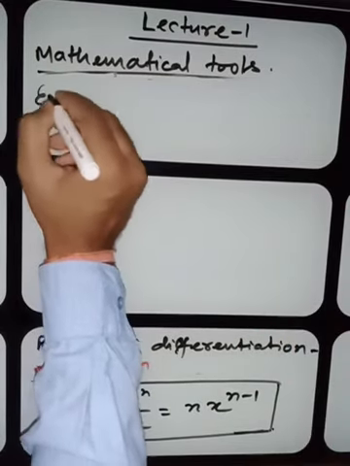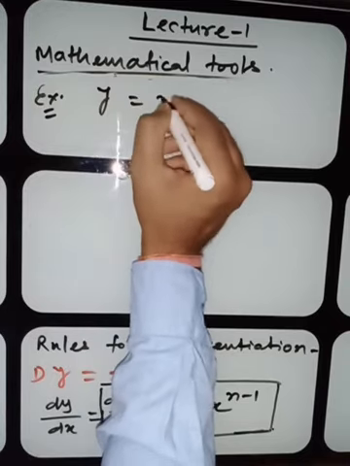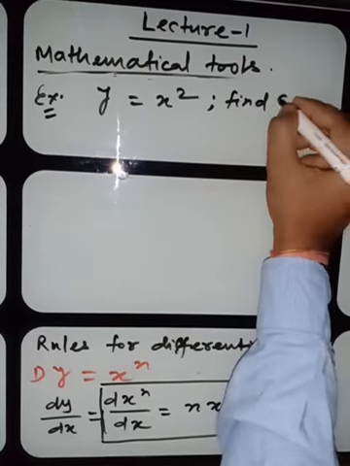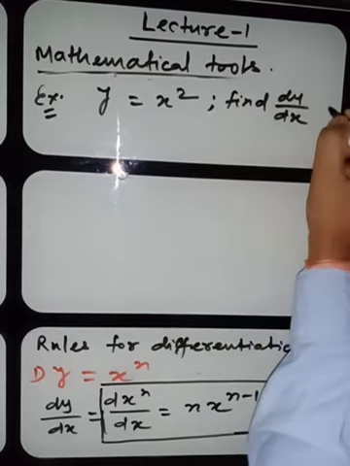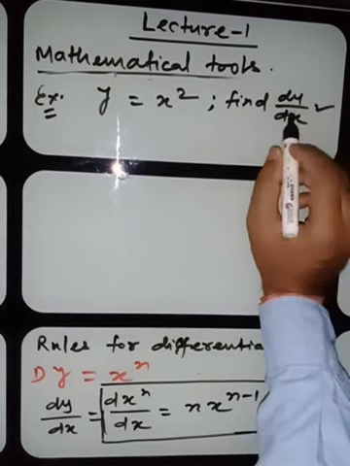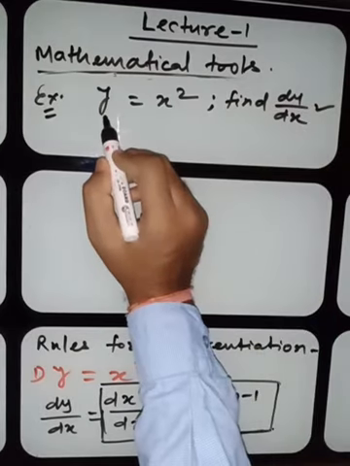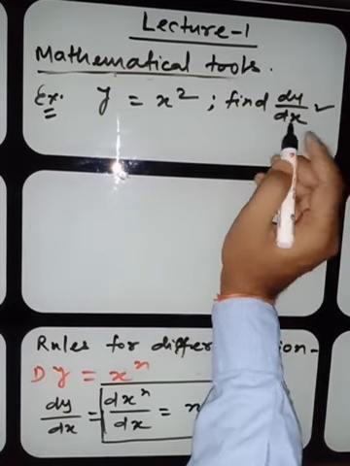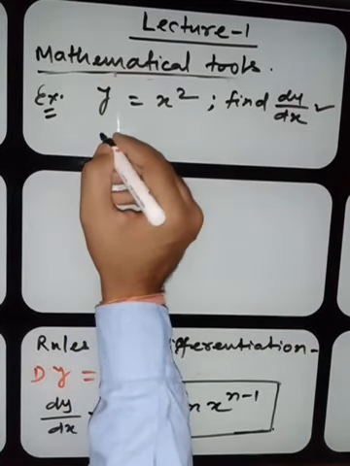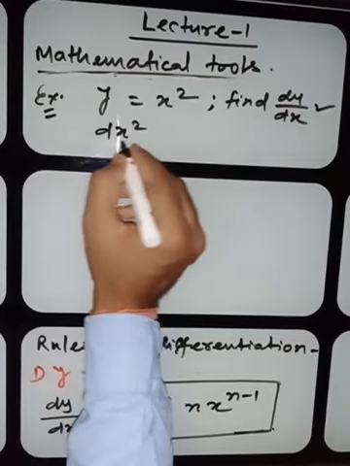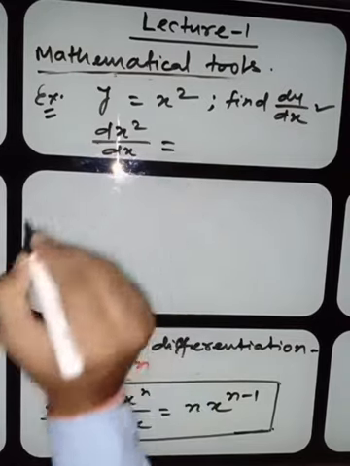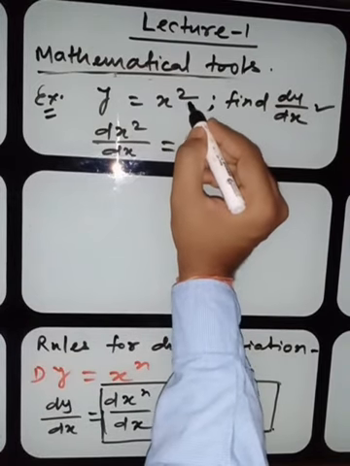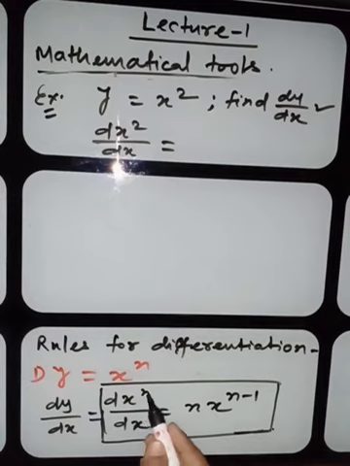I'm giving you an example: y is x square, and the question is, find dy by dx. First, can you differentiate y with respect to x? Yes, we can, because y is a function of x and we have to differentiate with respect to x. Now the answer. We'll put d x square by dx. You can see at the place of n, what do we have here? 2. What was the formula? d x to the power n by dx.